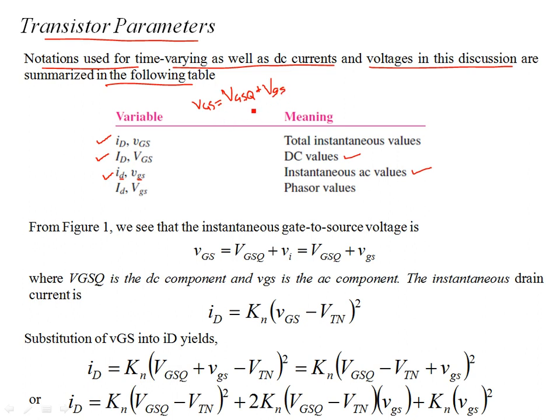This is the instantaneous value, because it has a DC value to it as well. On the DC value you have a riding AC signal. So it's like this: you have VGSQ, and then on that you have the maximum and minimum of small vgs variations, and it continues. It's like this, maximum, minimum.